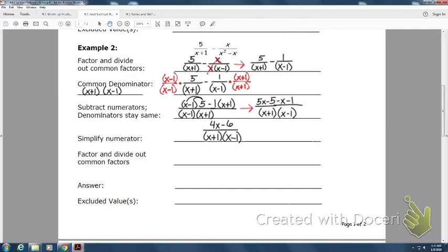So after that, I'll need to simplify or factor the numerator. Can I factor that at all? And this is one of those tricky ones because, yeah, it doesn't have x squared, but does it have a greatest common factor? Does 4 and 6 have a common factor? What is it? 2.